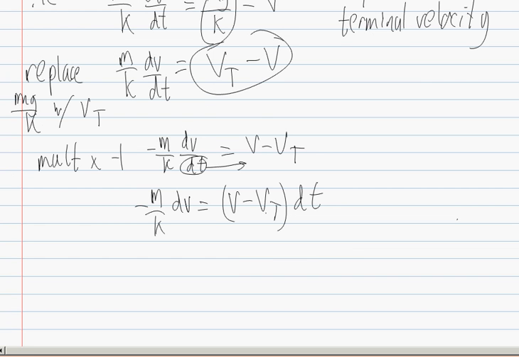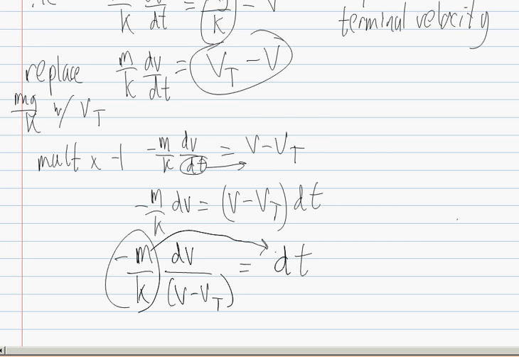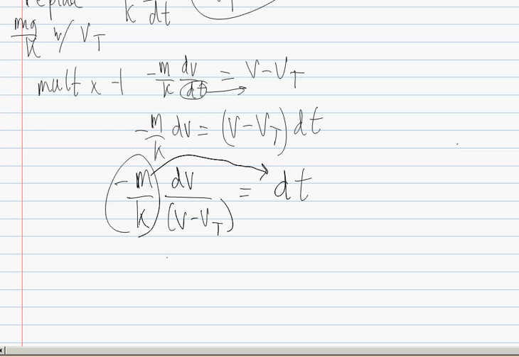I'm going to move this stuff over here: minus m over k, dv over v minus vt, equals just dt, and then I'm going to move these things over there. So I'm going to end up with dv over v minus vt equals minus k over m dt. Okay, I'm doing great so far.